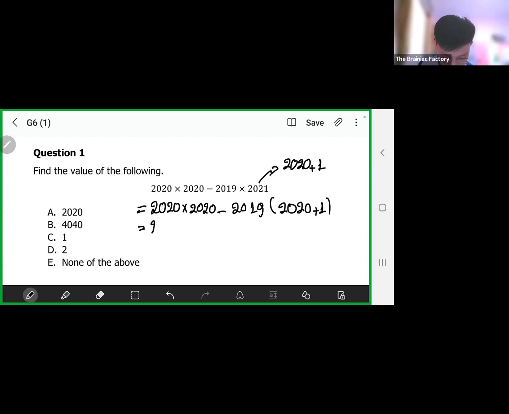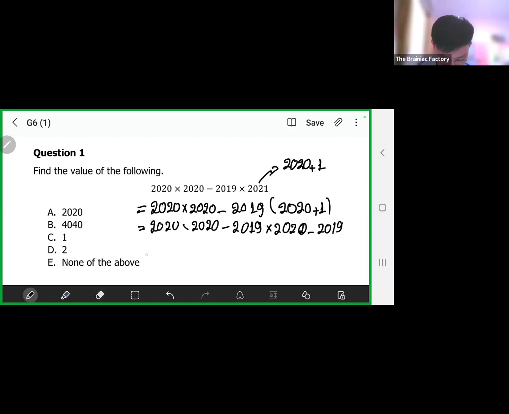And then we're going to write it like this so that we can do some of the calculations.